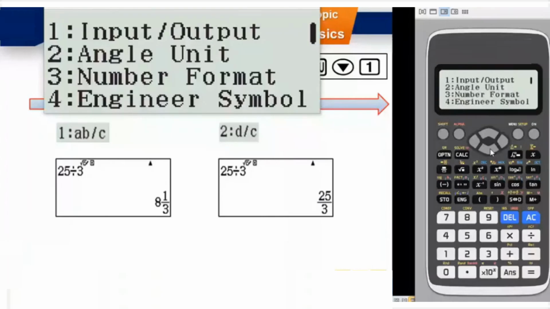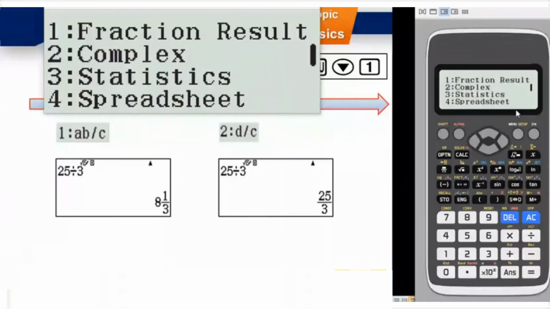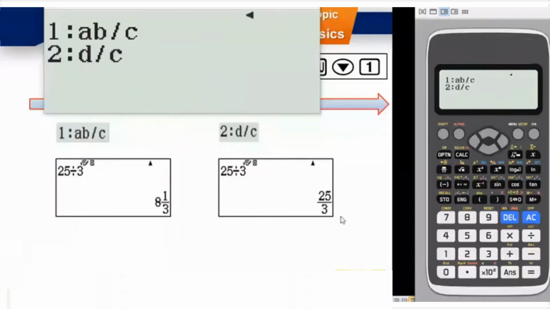So next 4 features, the first feature is fraction result. I will press 1. When I press 1, it is asking me a b/c or d/c. The difference between the two is, if I press 1, the answer will be in mixed numbers. If I press 2, the answer will be in improper fraction. I hope everyone knows the difference between mixed numbers and improper fractions.